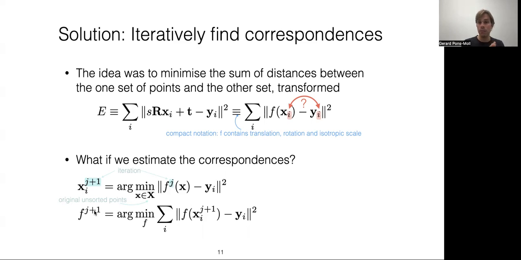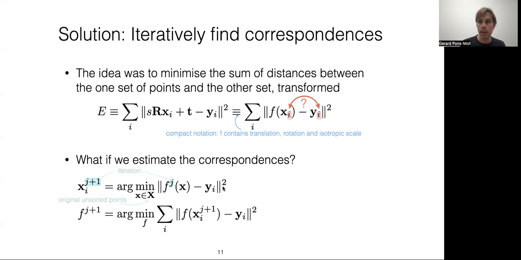The same way we computed the Procrustes algorithm, we can now optimize F in order to minimize the distance from the transformed points xi to the target points yi. And here this J indicates the iteration, right? We are doing iterations, so J is indicating the iterations during the algorithm.